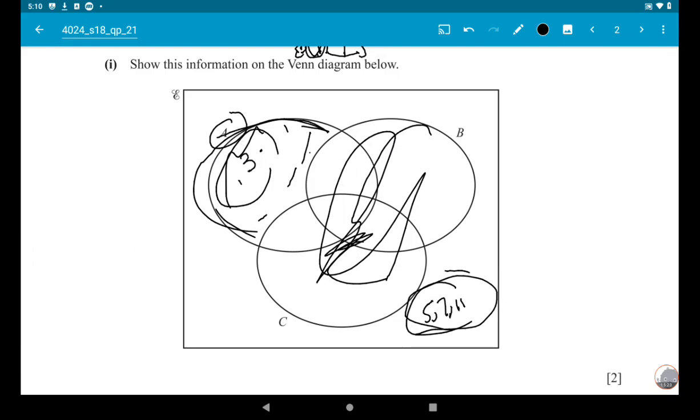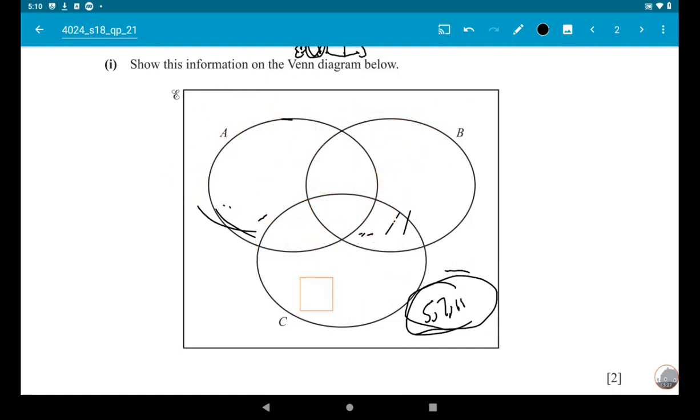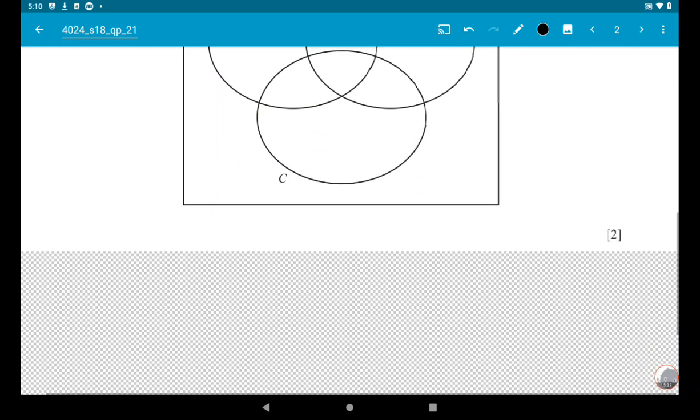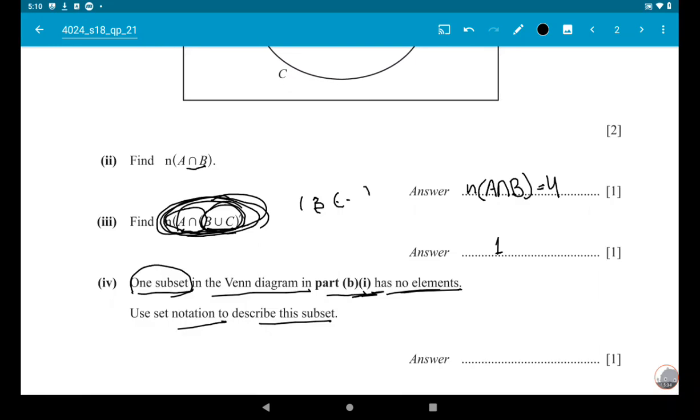A, B or C? I don't know which subset, and you also don't know which subset. It has no element. For example, we will write like this, okay?